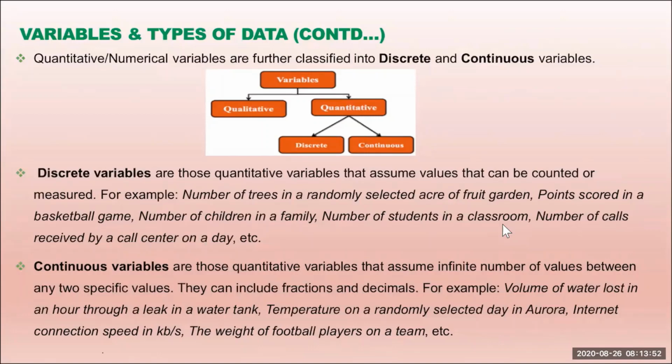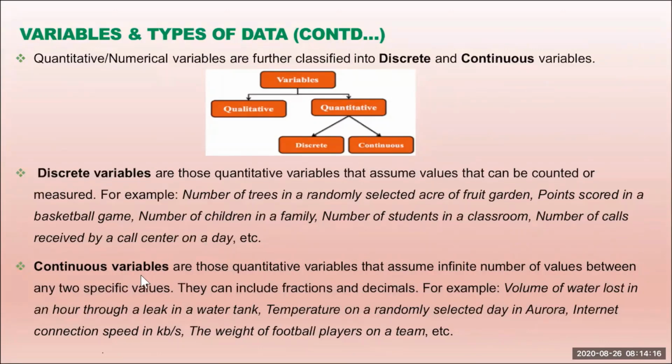That is a discrete variable. Number of calls received by a call center on one day. How many calls do they receive on one day? Maybe 720 calls. No decimals. Okay, whole number. So discrete variables, these are the quantitative variables which involve pure numbers, pure counting numbers. It does not involve any decimal value.